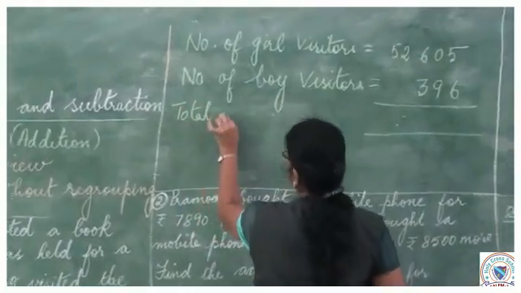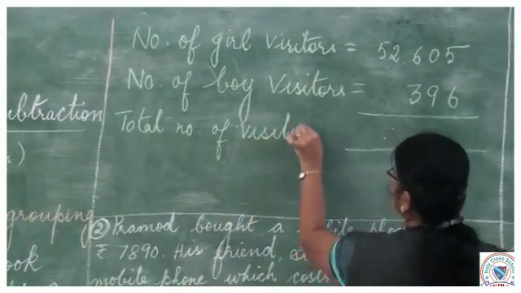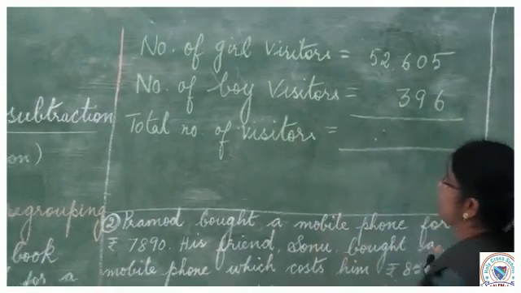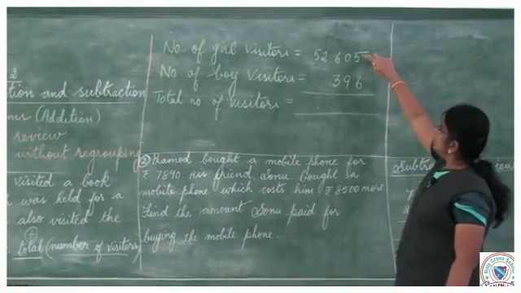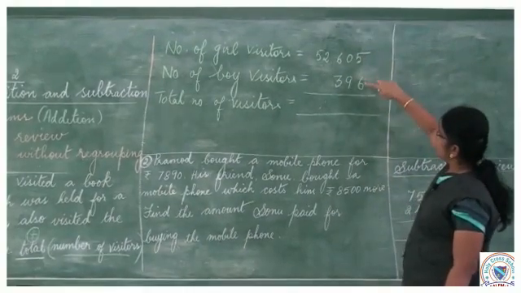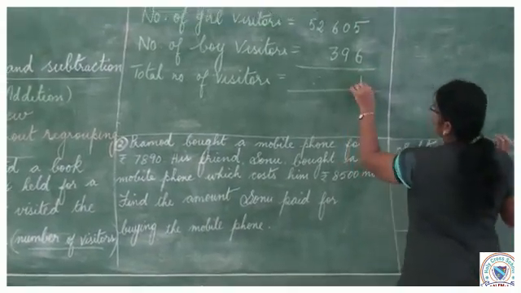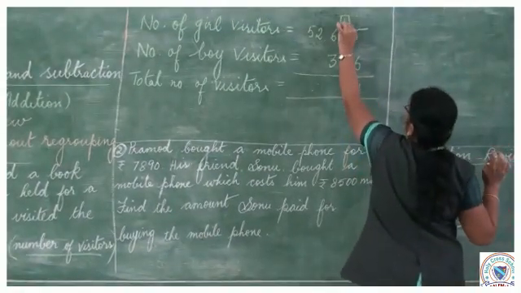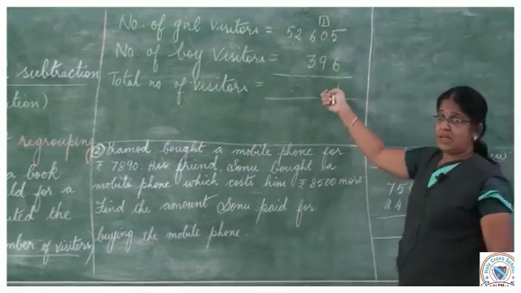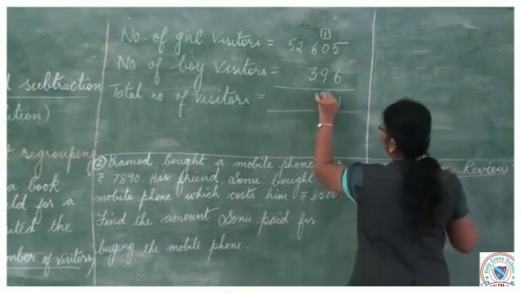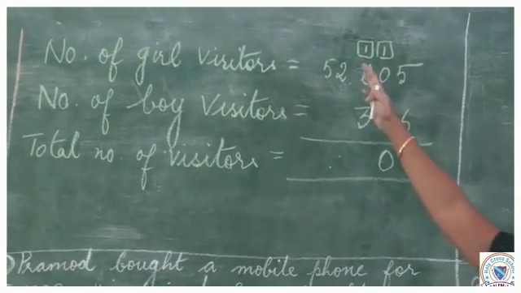Total number of visitors is equal to. Now, you have to add these two numbers. Start adding from the ones place. 5 plus 6, it gives you 11. Put 1 and take the carryover 1 to the next place. 9 and 1 gives you 10. You all know that. So, put 0 in the tens place and take the carryover 1 to the next place.